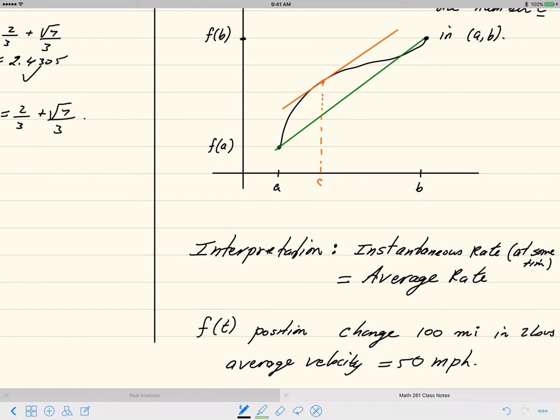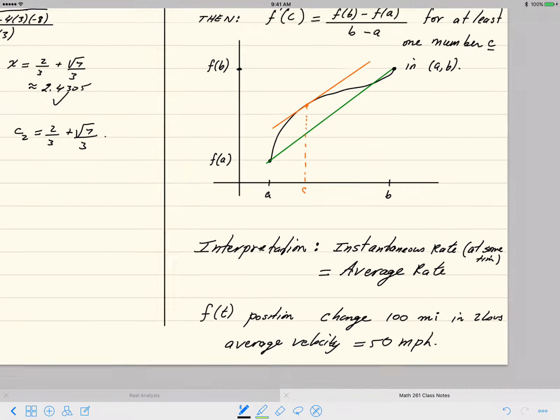Now it doesn't mean that your speedometer is always showing 50 miles per hour throughout the 2-hour trip. At some point you travel faster than 50, at some point you travel slower than 50. But what the mean value theorem says, at some point in time within the 2 hours, your speedometer is exactly showing 50 miles per hour. That is what the mean value theorem says.